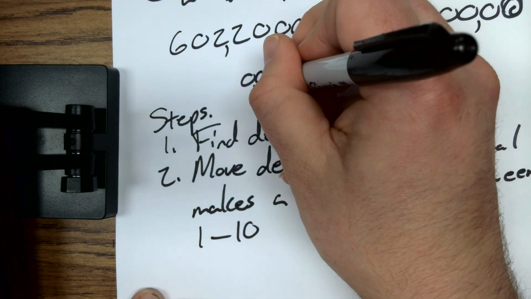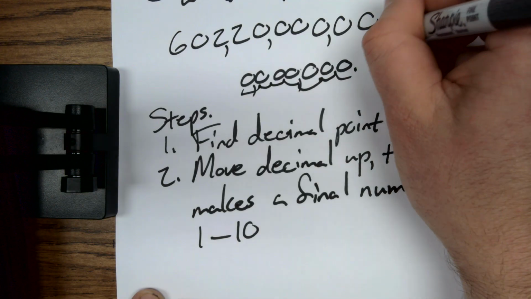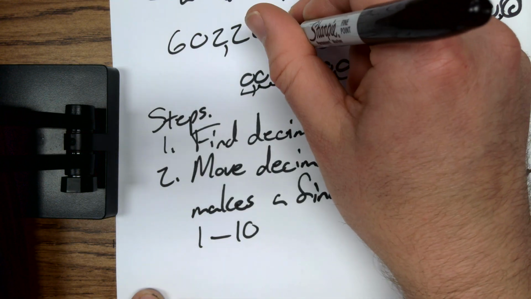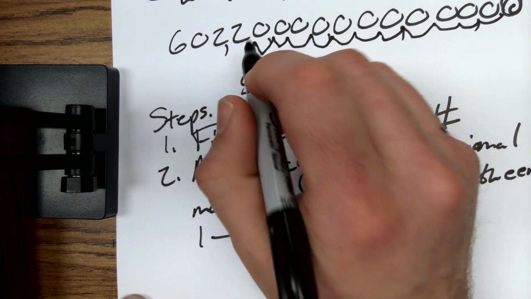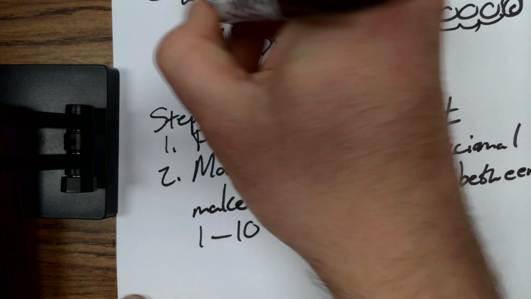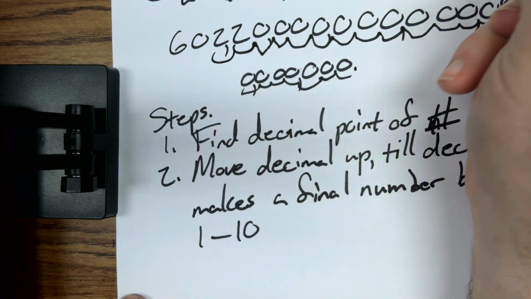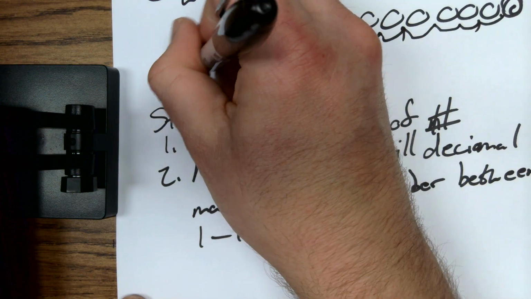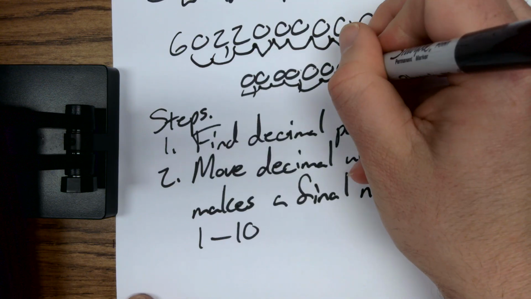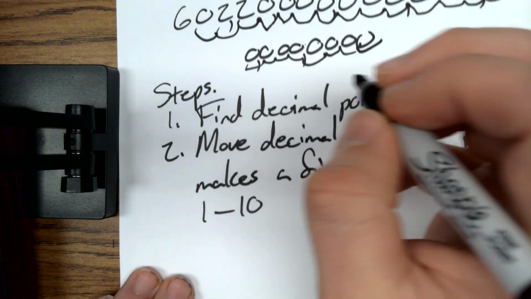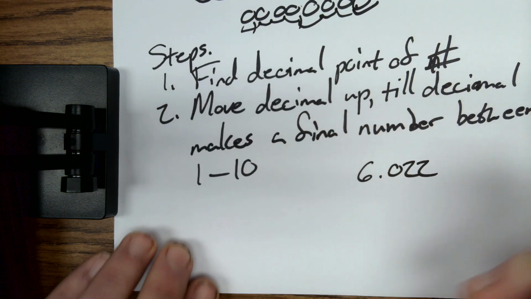So I move 3, 4, 5, 6, 7, 8, 9, 10, 11, 12, 13, 14, 15, 16, 17, 18, 19. If I leave my decimal place here, is my final number between 1 and 10? No. 20. Is it still between 1 and 10? 21. Between 1 and 10? Oh, I was off by a 0. Am I between 1 and 10 now? Yeah. So I'm going to add another 0 here because I was supposed to be 23. So that means my number now is 6.022.